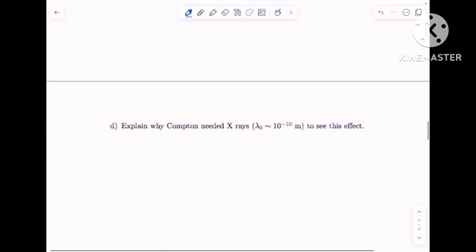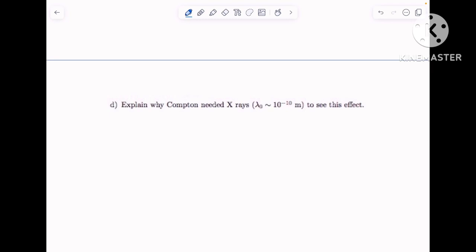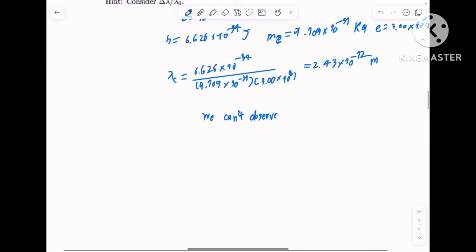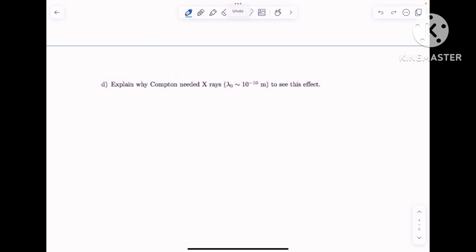The next one, we need to explain why X-ray wavelengths are needed to observe this. From the last one, the Compton wavelength is 10 to the power of minus 12 meter.